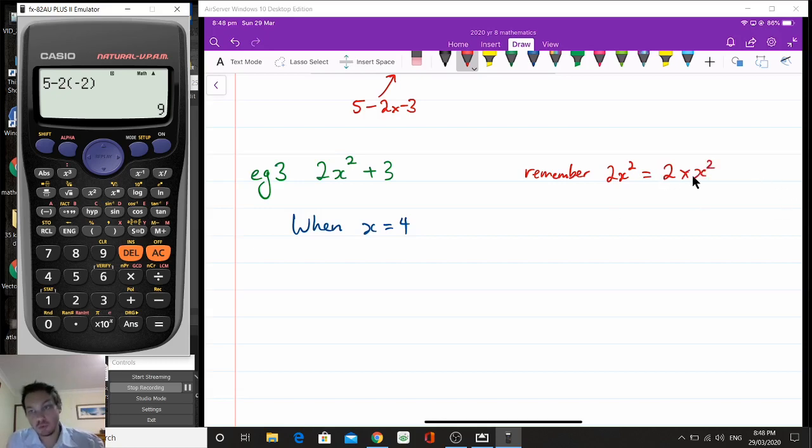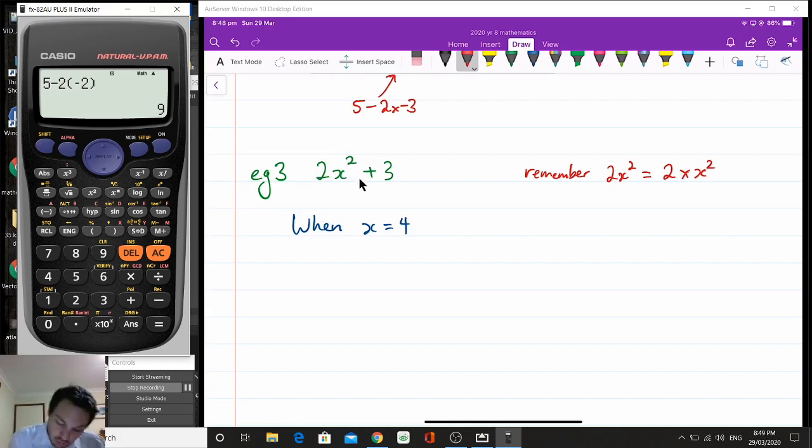Okay, it is not 2 times 4, which is 8, and then 8 squared. Okay, it's 2 times 4 squared. A lot of students get this wrong and they just go 8 squared, which is 64, but that's not the case. It's 2 times 4 squared, so it's 2 times 16 instead.